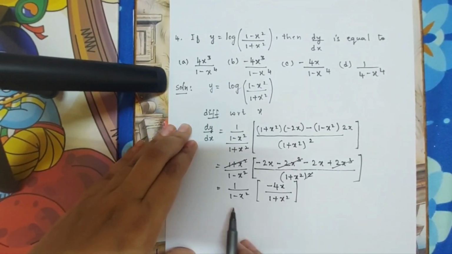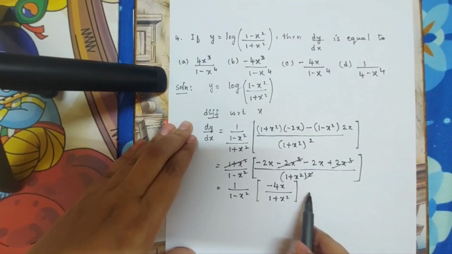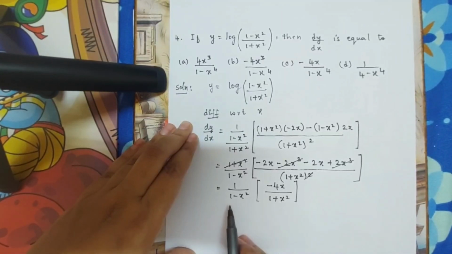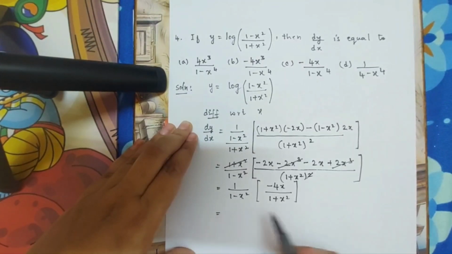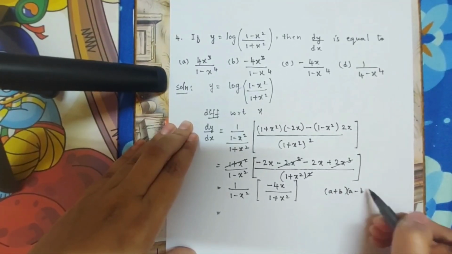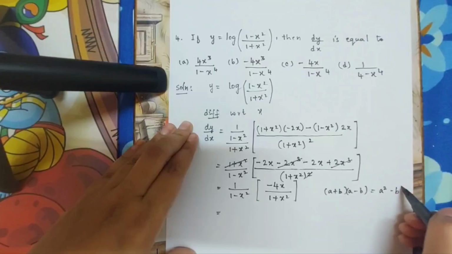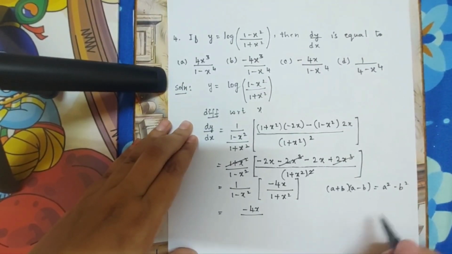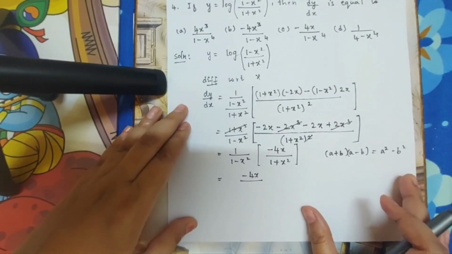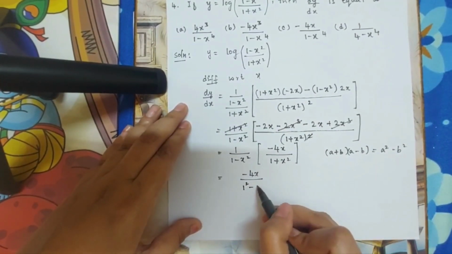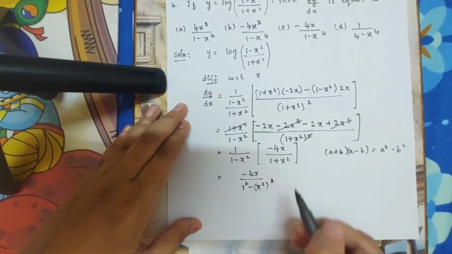Now if we observe both the terms in the denominator, that is 1 minus x square and 1 plus x square, this is of the form (a plus b) into (a minus b). So I'll be able to write (a plus b) into (a minus b) as a square minus b square. So this becomes minus 4x divided by (1 square minus x square) the whole square.